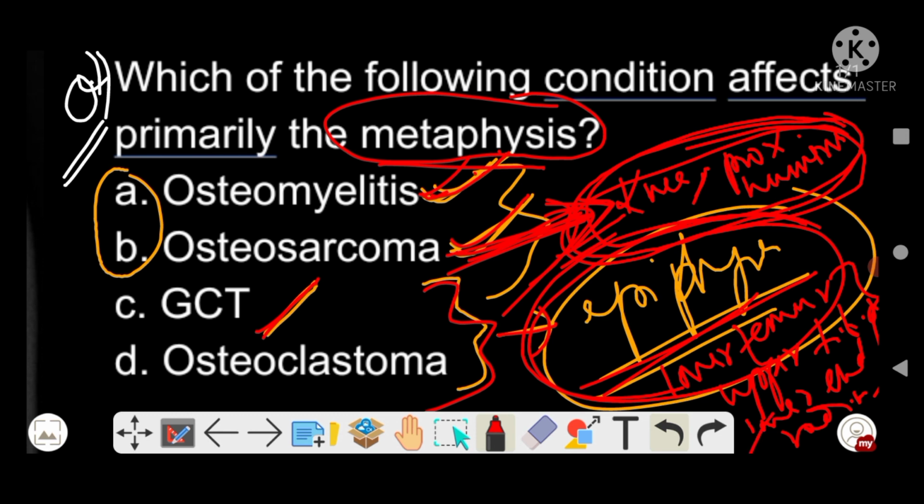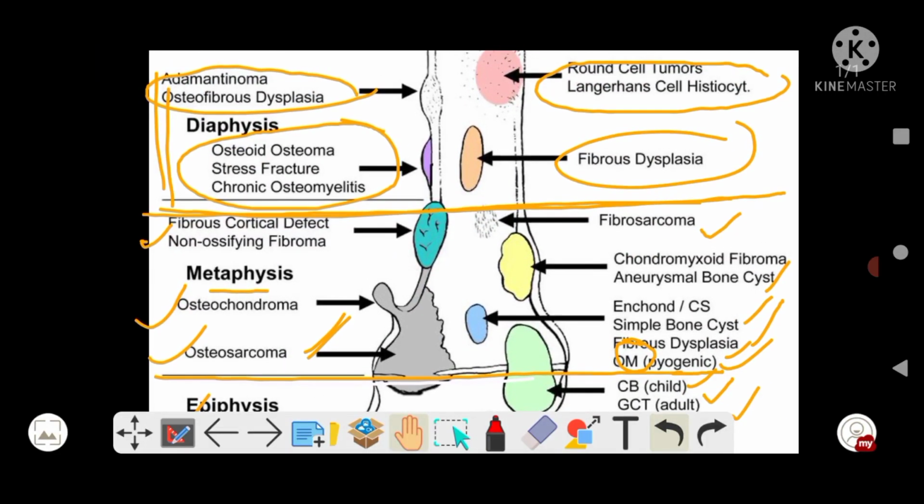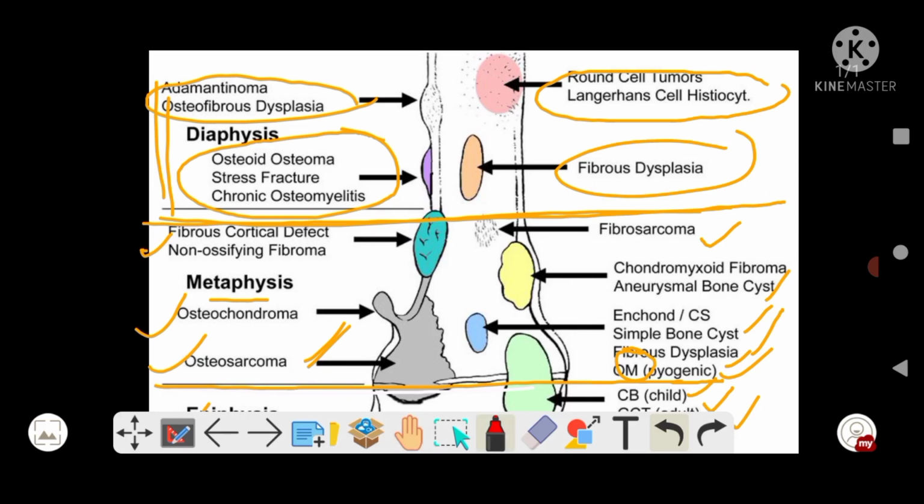We also saw different tumors as per location. Talking about diaphysis, we can find adamantinoma, osteofibrous dysplasia, osteoma, stress fracture, chronic osteomyelitis, fibrous dysplasia, round cell tumor, Langerhans cell histiocytosis.